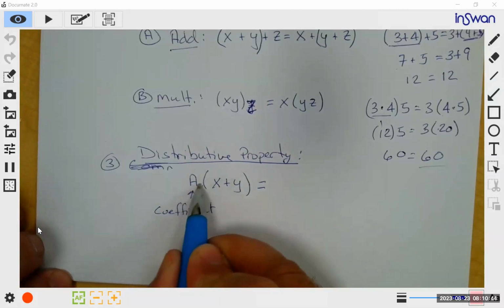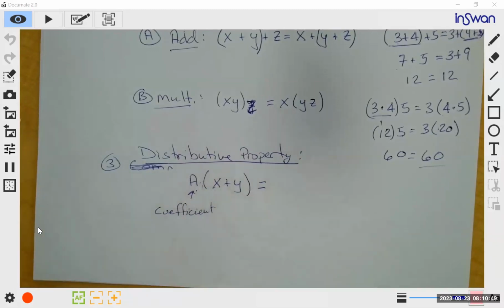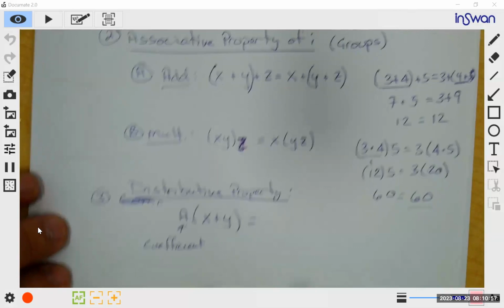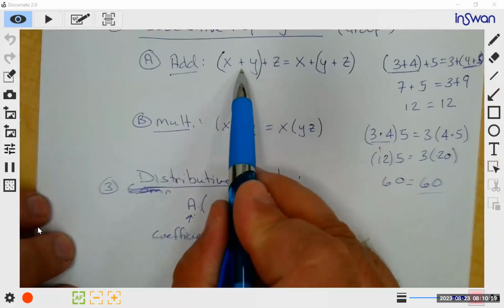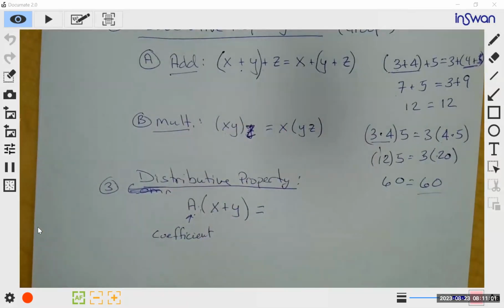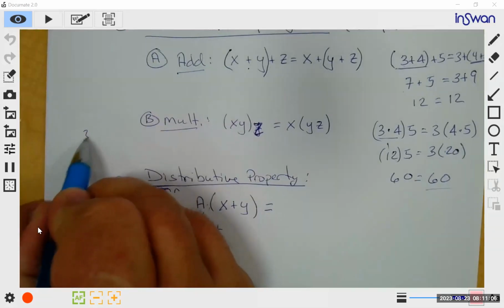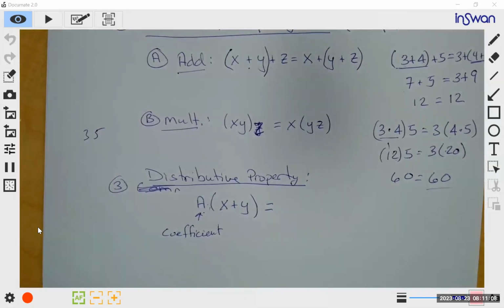What this thing says is A times. How do I know it's times? Multiplication is the only operation that doesn't need a symbol to be there. Addition and subtraction always have to have those little symbols that tell you what to do. I can't give you two numbers like this and expect you to say, okay, I'm adding those.